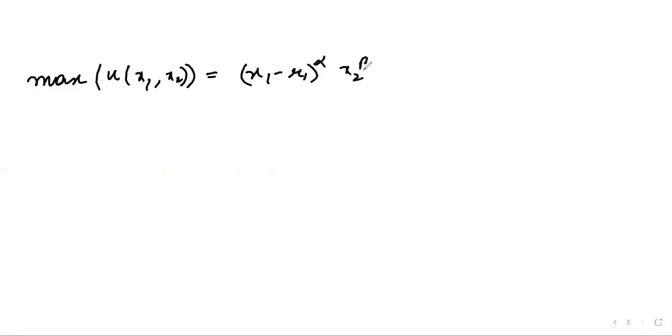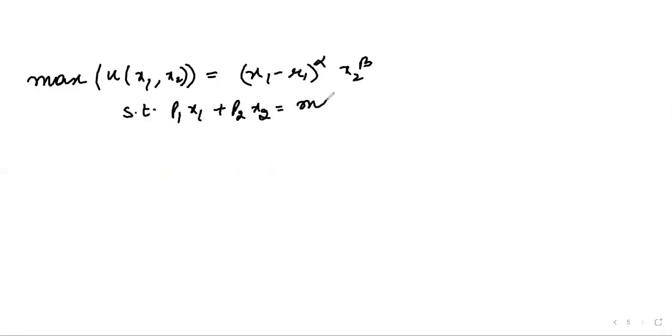Now the next question, I'm assuming the same utility function which I had: maximizing the utility function which is (x1 minus r) to the power alpha, x2 to the power beta, subject to p1 x1 plus p2 x2 is equal to m.